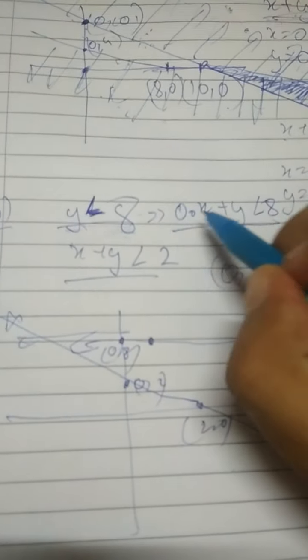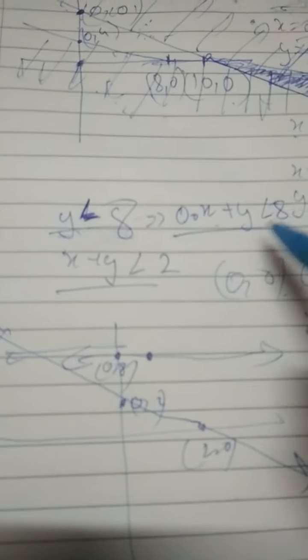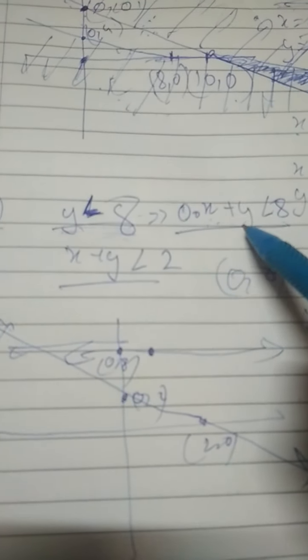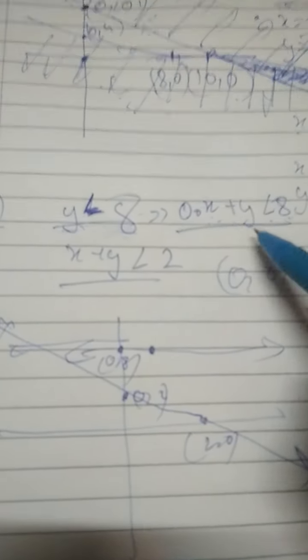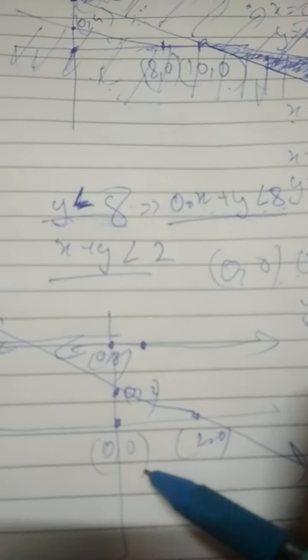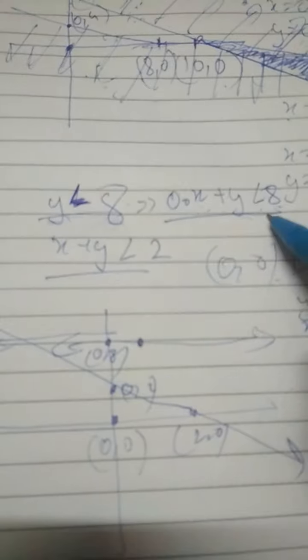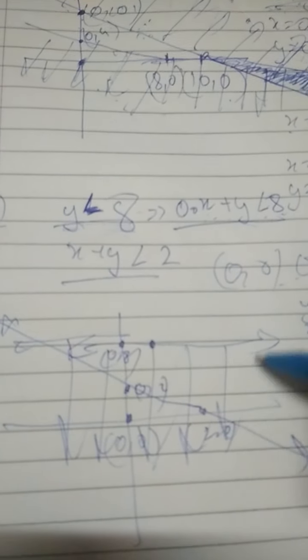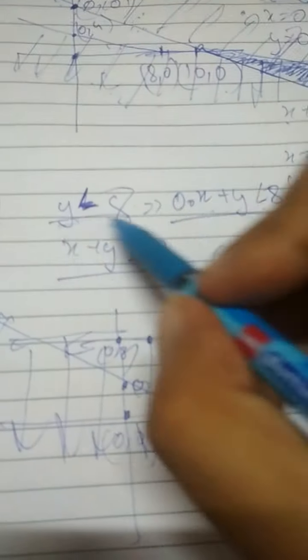So now let's put 0, 0 over here: 0 into 0, plus 0 is less than 8. This is true. So our 0, 0 is in the true region. This inequality is true in this region, so our solution will lie in this region. This is our solution to the first inequality.